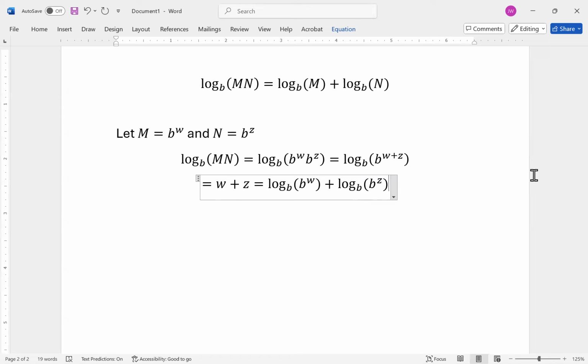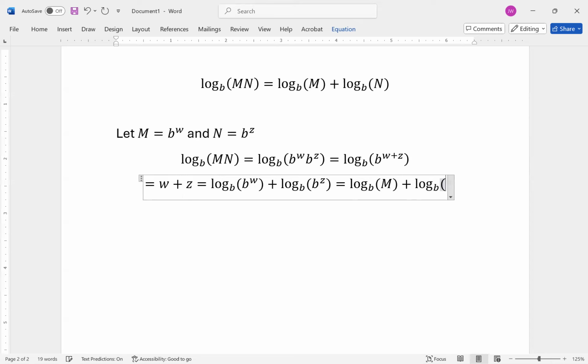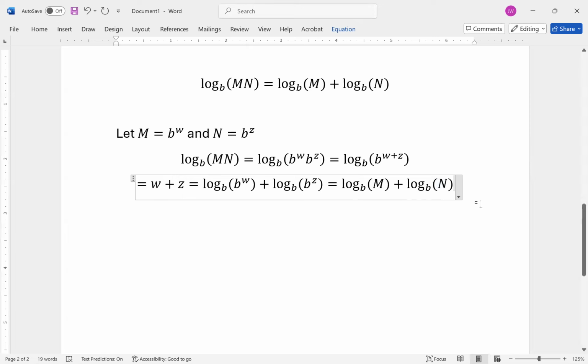And this is log base b of m plus log base b of n. So there you go. Log base b of the product of m times n is the same thing as log base b of m plus log base b of n.